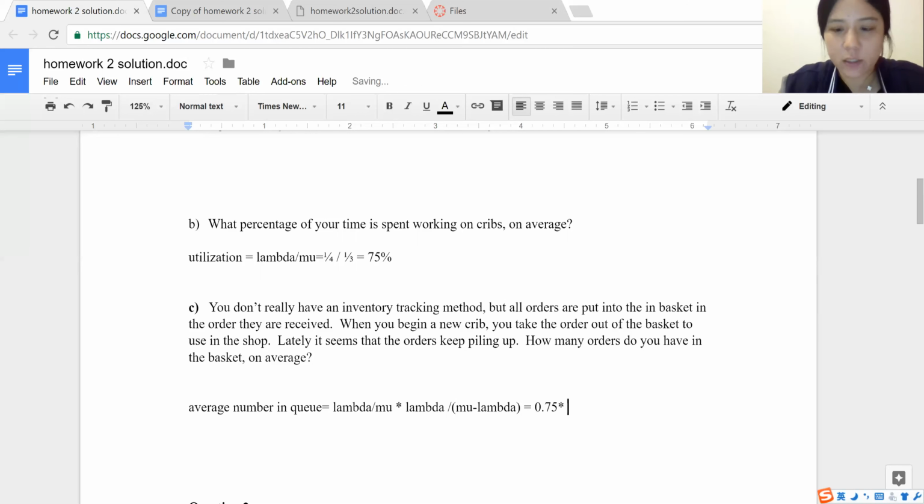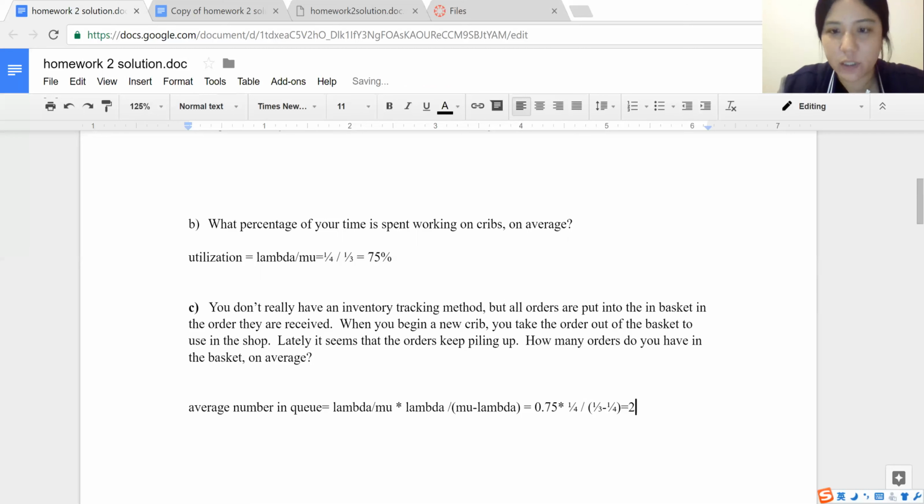And lambda here is 1/4, divided by mu minus lambda, which is 1/3 minus 1/4.